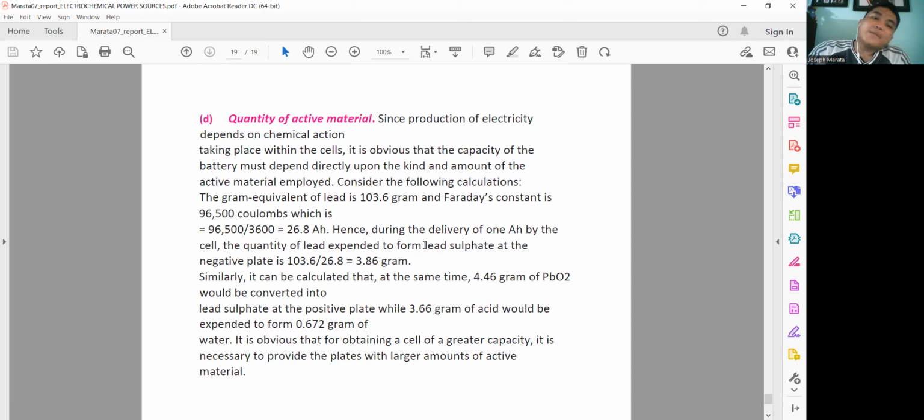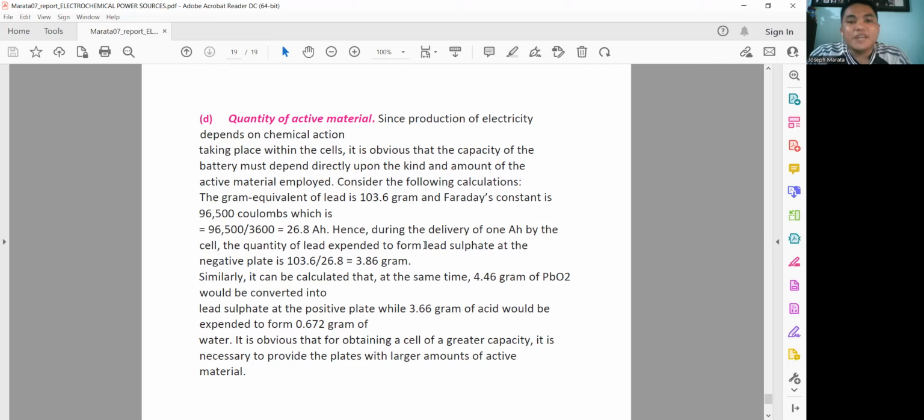26.8 amp hour. Hence, during the delivery of 1 amp hour by the cell, the quantity of lead expended to form lead sulfate at the negative plate is 103.6 divided by 26.8, which is equal to 3.86 gram.